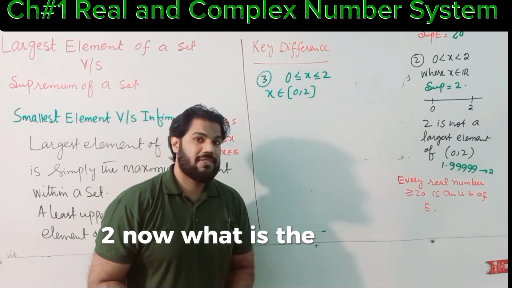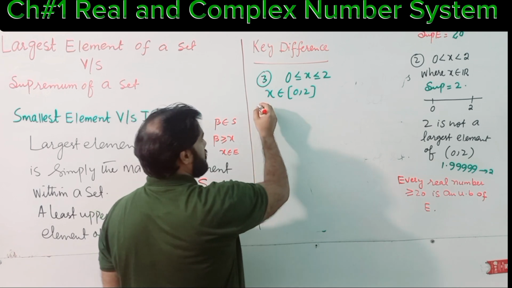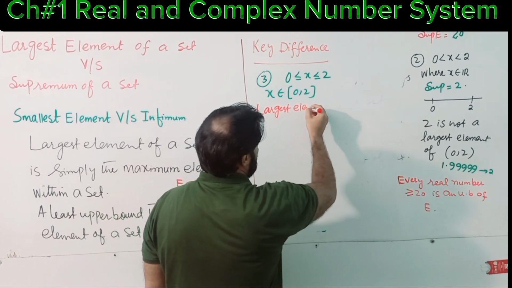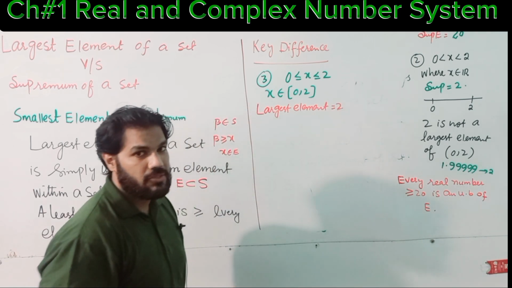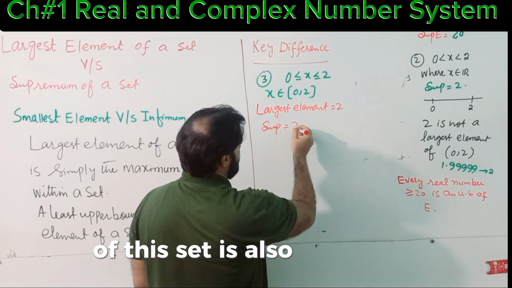Now, what is the largest element of this interval? Obviously, the largest element at this time is equal to 2. What is the supremum? The supremum of this set is also equal to 2.